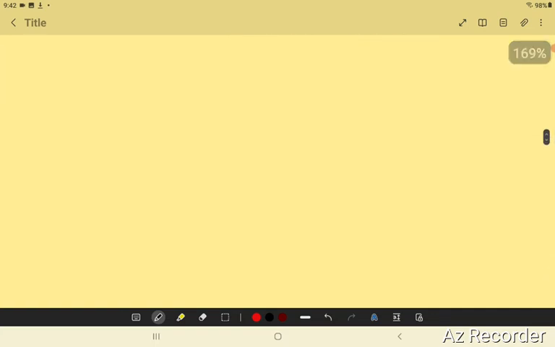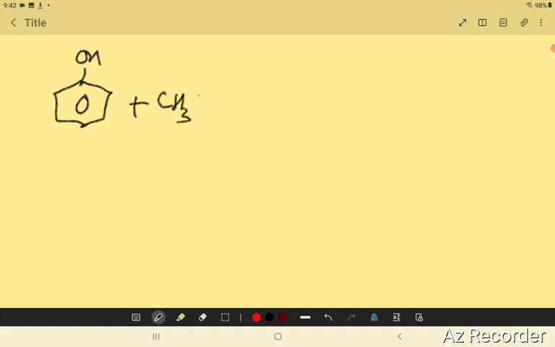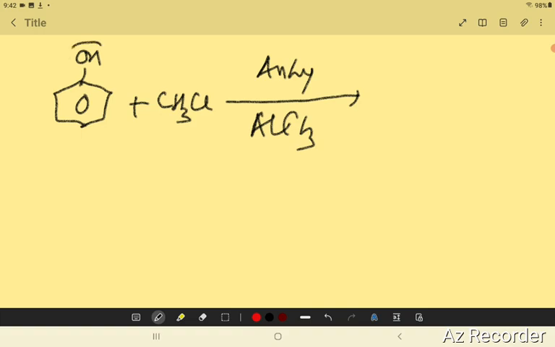Suppose you have taken phenol, OH group present on the benzene ring. When it reacts with methyl chloride, that means CH3Cl, it is necessary to take anhydrous AlCl3. As you know, the OH group present on the benzene ring is an ortho and para directing group. So there will be 2 possible products.